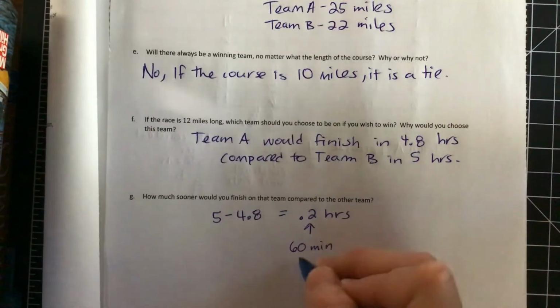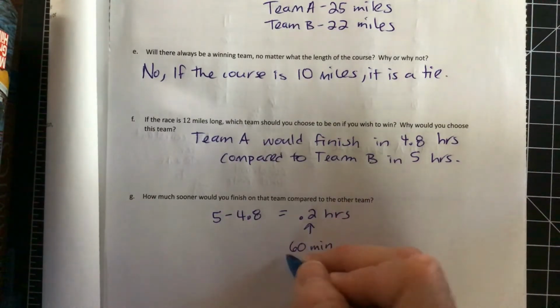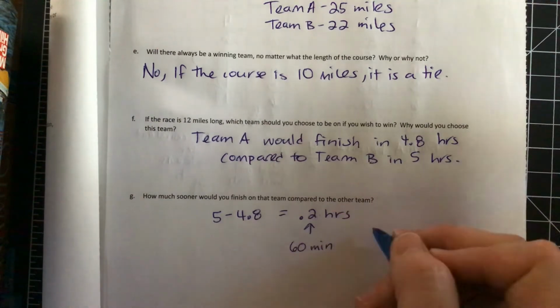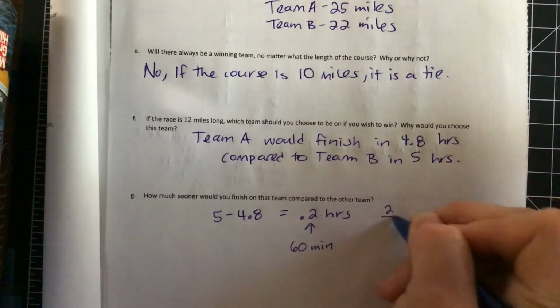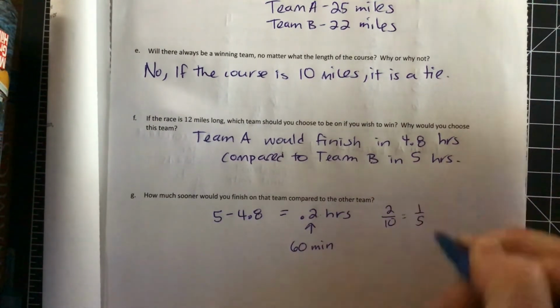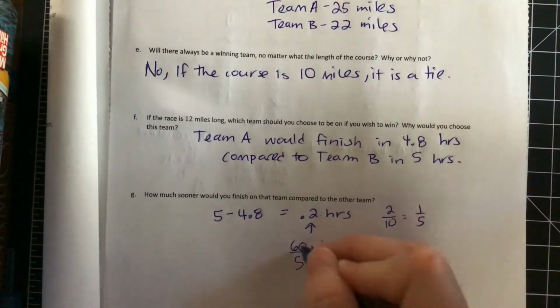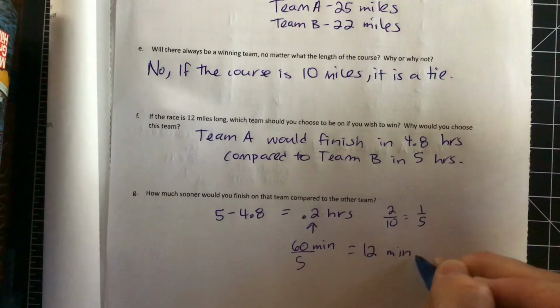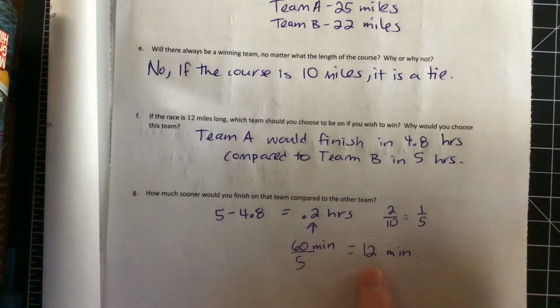If an hour is 60 minutes, and if this is a fifth of an hour, right? Because that's 2/10, which is 1/5, right? That's 2/10, that's 1/5 of an hour. Divide this by 5. 60 divided by 5 is 12 minutes. So 12 minutes faster on team A than team B.